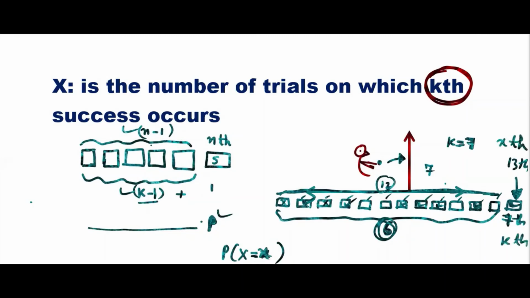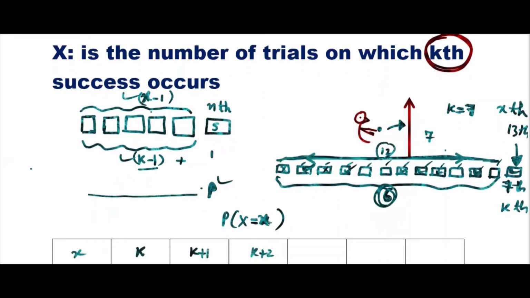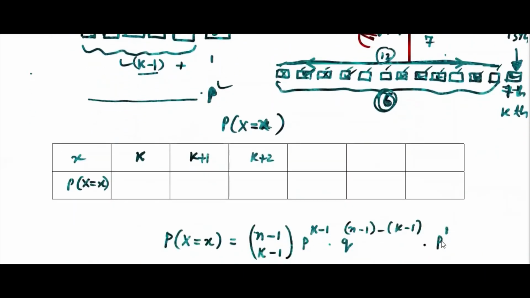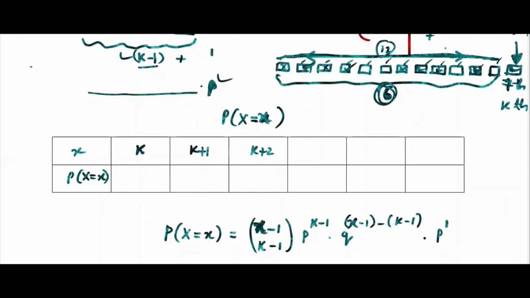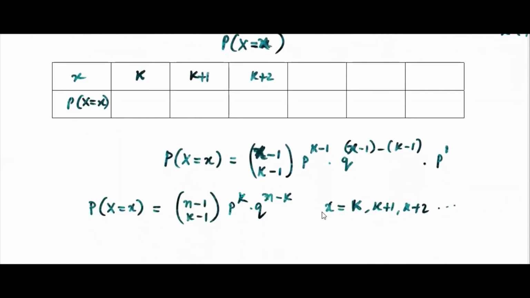This is the question. We are not using n here. n is for binomial. So x, so that there will be no confusion. You can write n also, not a problem, but this is the normal way we always use. X is k, k plus 1, k plus 2, all that.